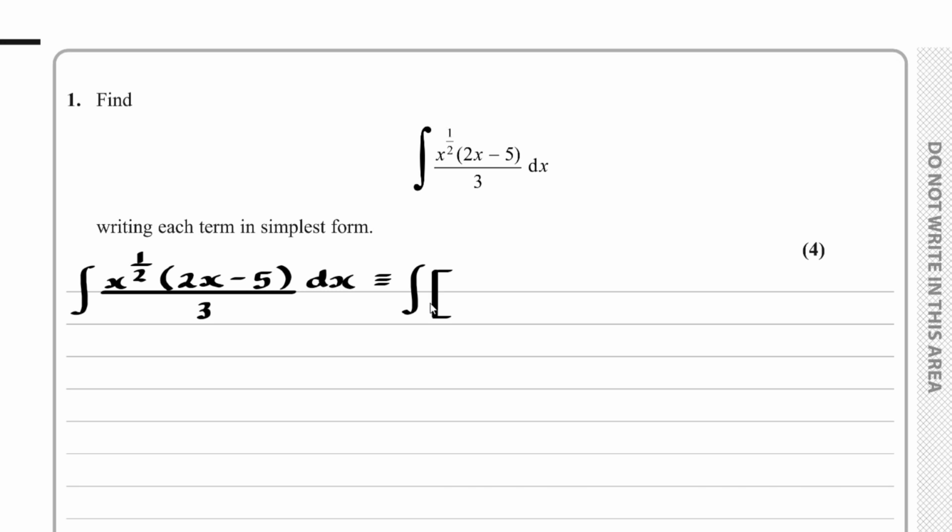We have the integral of, well, here we have x to the 1/2 multiplied by 2x, which is 2x to the 3 over 2, and then we divide this by 3, and then we subtract x to the 1/2 multiplied by 5, which is 5x to the 1/2, and then we divide this by 3. So we are integrating 2x to the 3 over 2 over 3, subtract 5x to the 1/2 over 3 with respect to x.